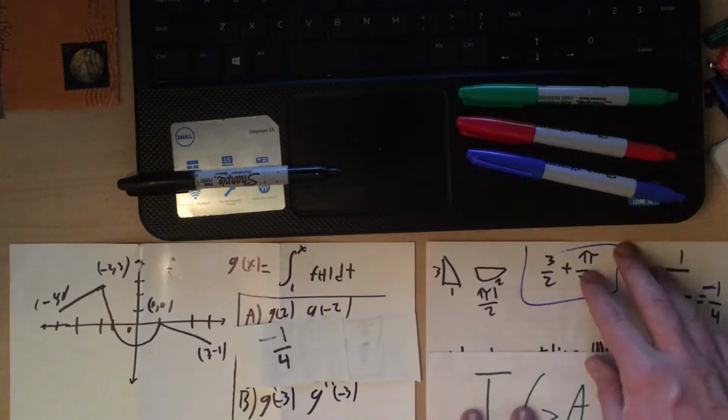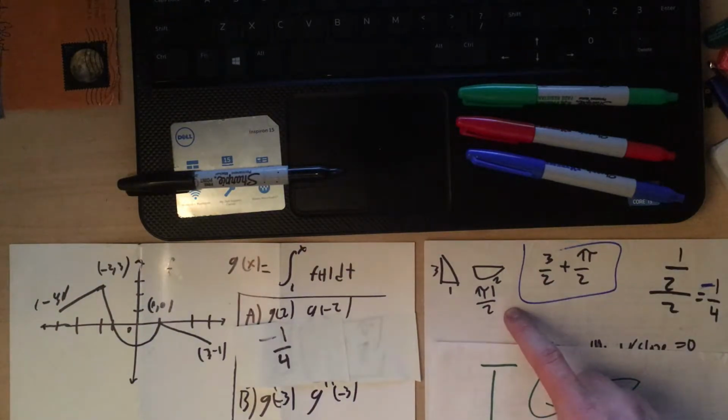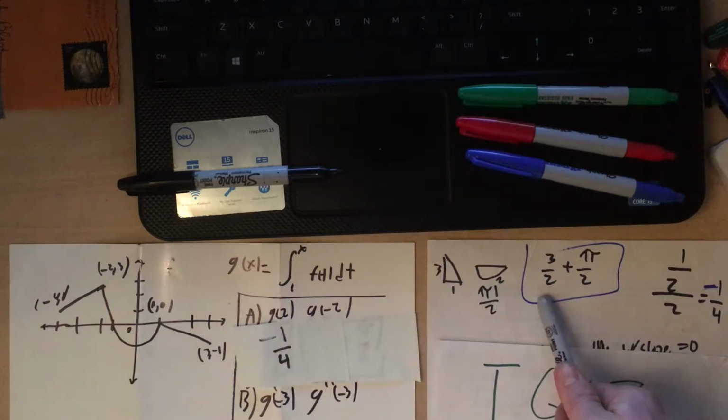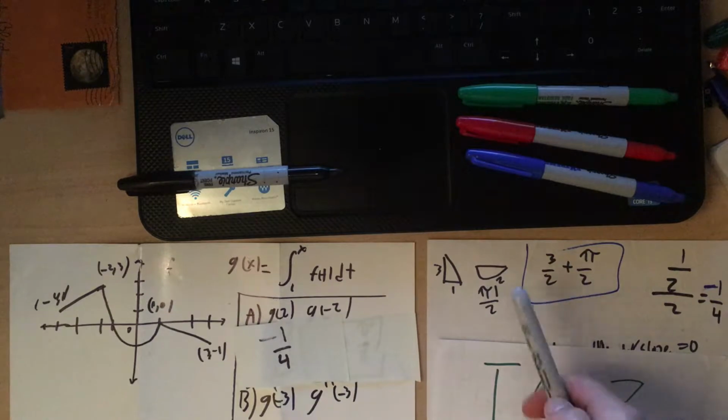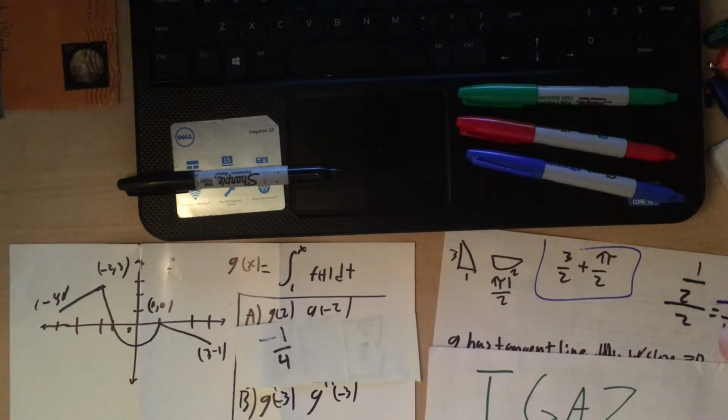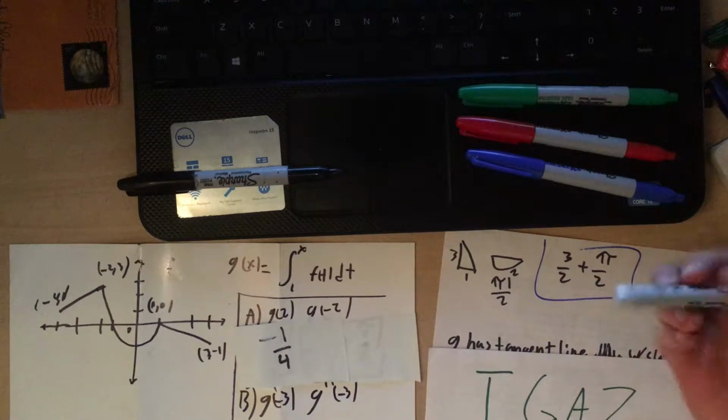We already know that this is going to be 3 halves because of triangles, and the semicircle is going to look like this because the equation for the area of a circle is pi r squared, and we only have half a circle, so we'll divide that by 2.